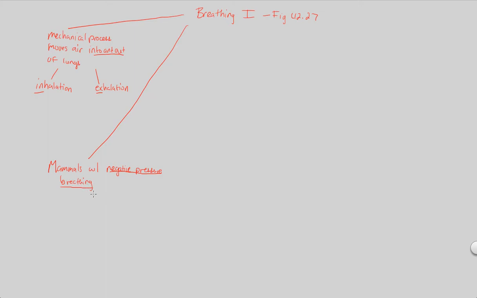What does this entail? This is really what figure 42.27 tries to drive home. But basically, to put it into short words, what we notice about negative pressure breathing that's important is that pressure in the lungs, that's interior, that's not in the external environment, pressure in our lungs is lower than the pressure of the air that's outside the body.